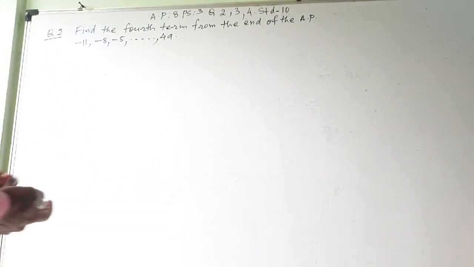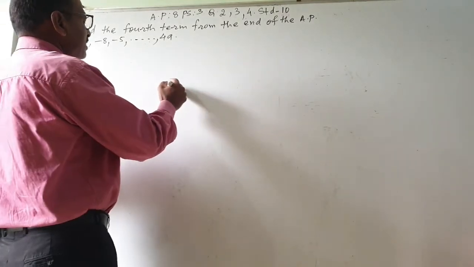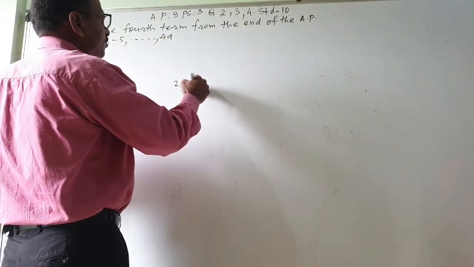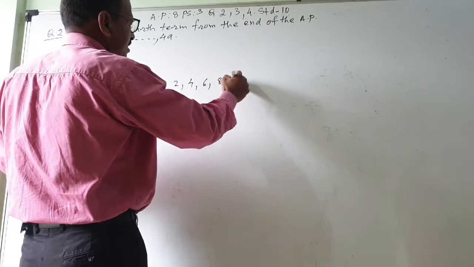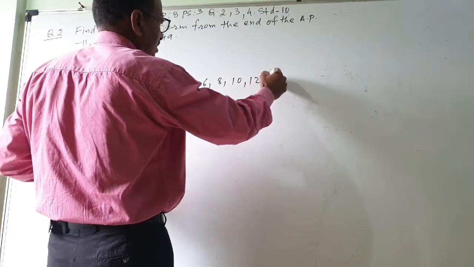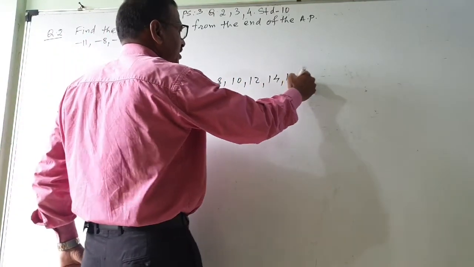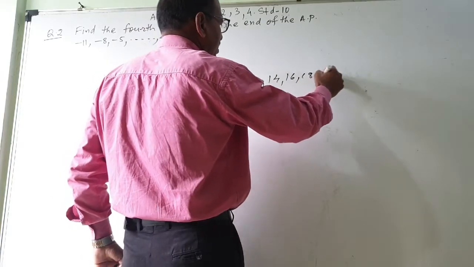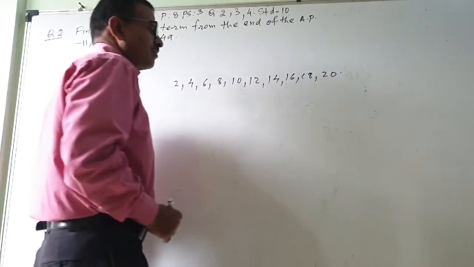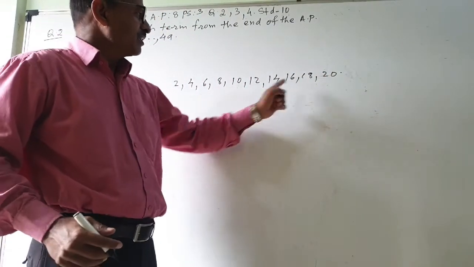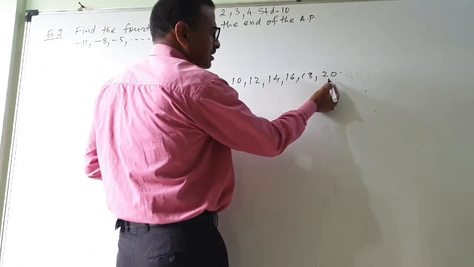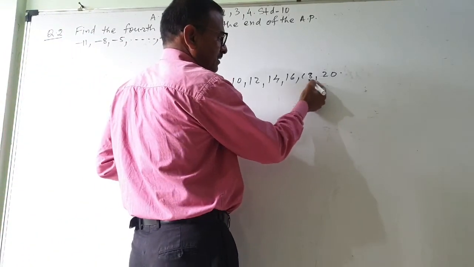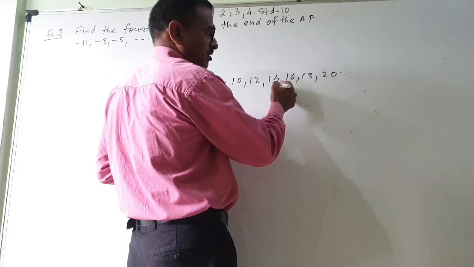From the end means how much? Suppose 2, 4, 6, 8, 10, 12, 14, 16, 18 and 20. From the end, which is the fourth term? From the end: first, second, third and fourth.